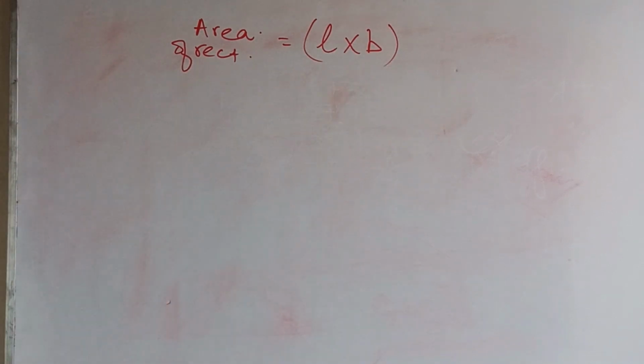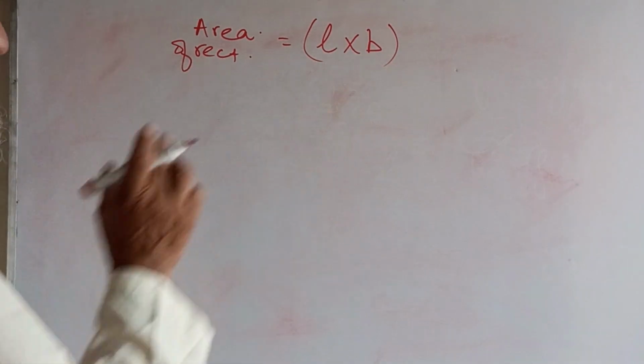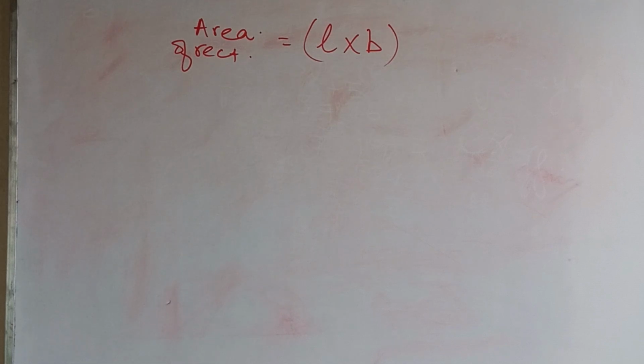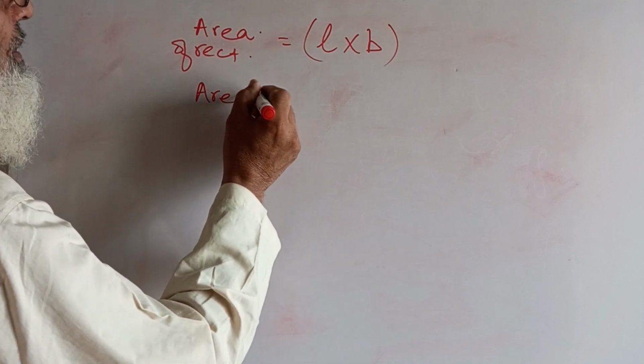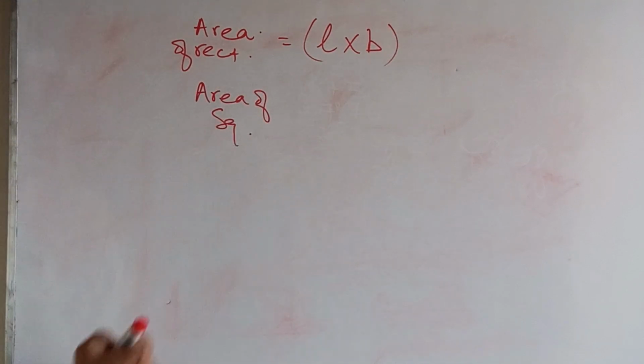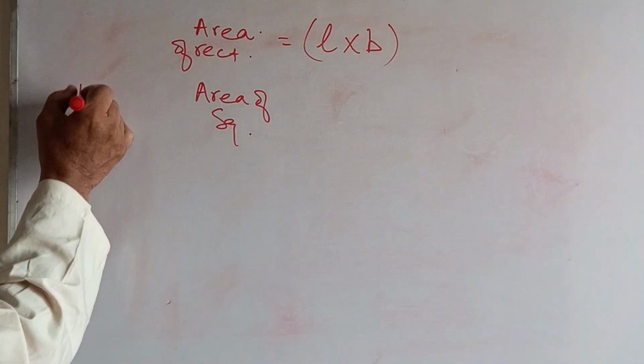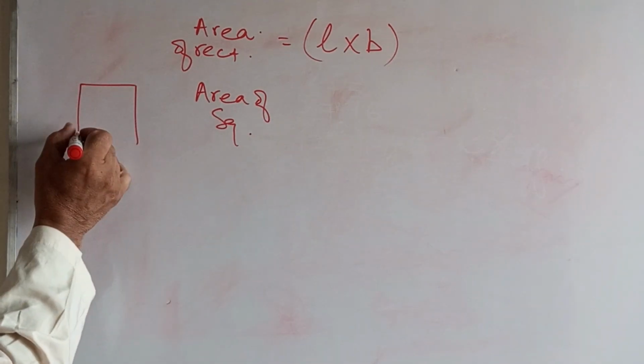The scheme will remain the same. Two sides will be multiplied together when we call it the area of a square. You know what a square is? It has all sides equal.